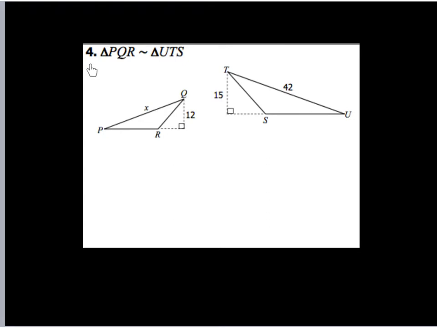Problem number 4: triangle PQR is similar to triangle UTS. We want to see where the altitude is that forms the right angle.